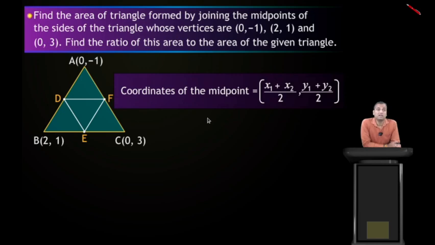Now we have to find the coordinates of D, E and F, which are midpoints. So what is the coordinate of a midpoint? It is ((x1 + x2)/2, (y1 + y2)/2). To find the midpoint of A and B, these are x1, y1 and x2, y2.